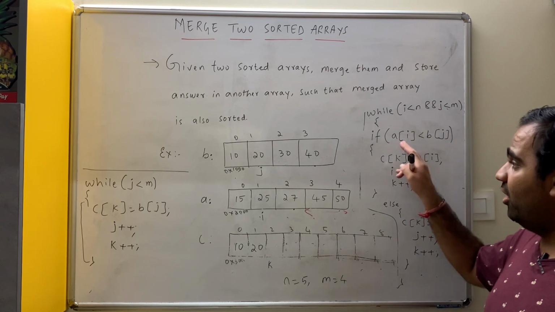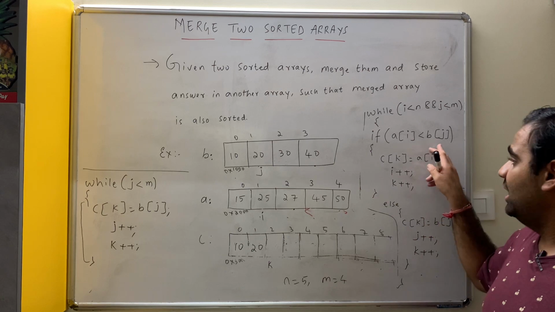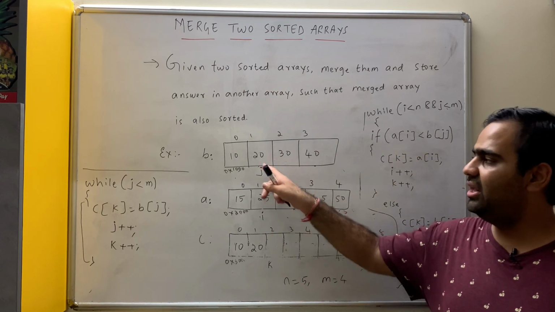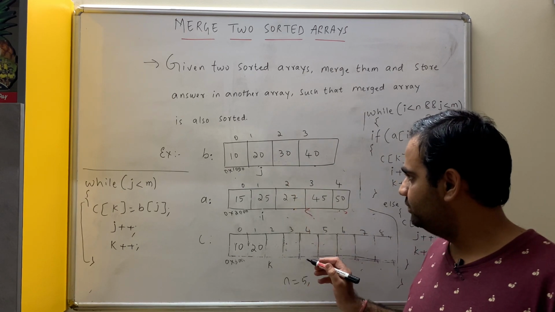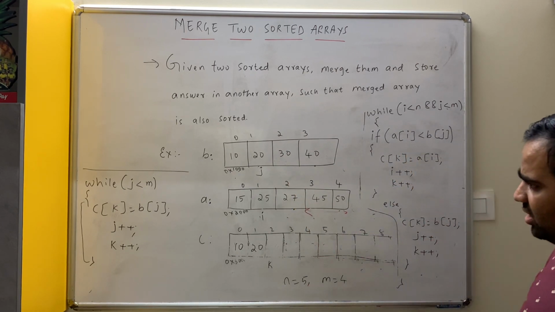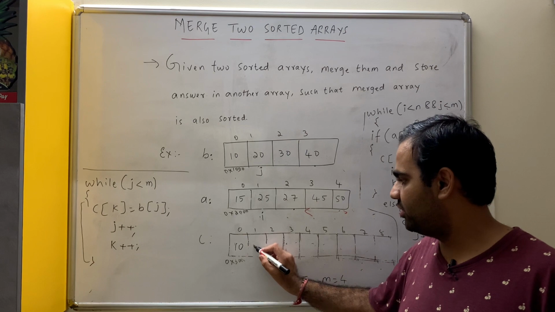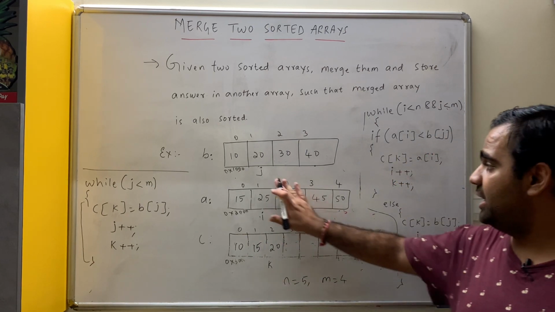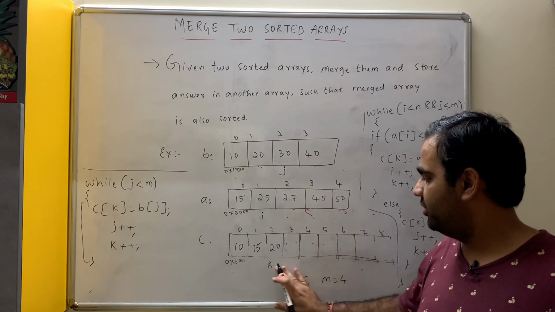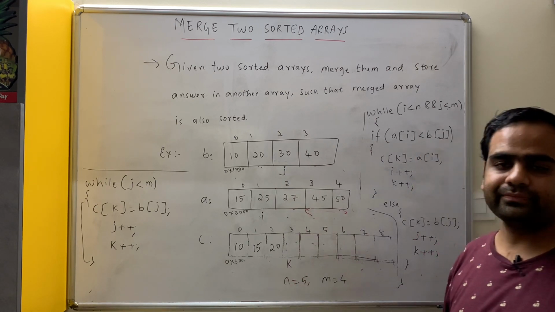Yes sir. A of i is 25 and B of j is 20. 25 less than 20. No sir. Execute the else part. I'm sorry, I should have written 15 in the previous step. You write B of j, which is 20, and you say j plus plus and you say k plus plus.